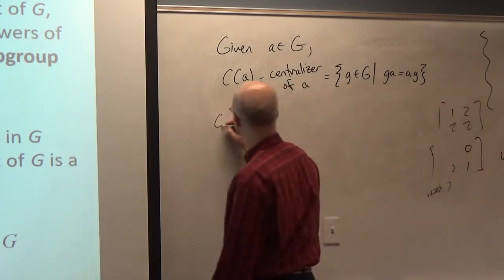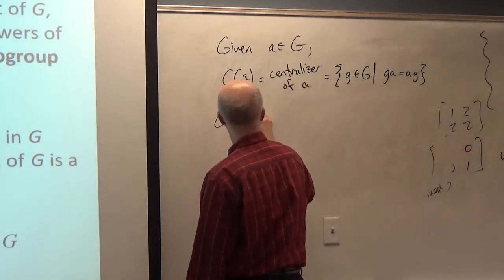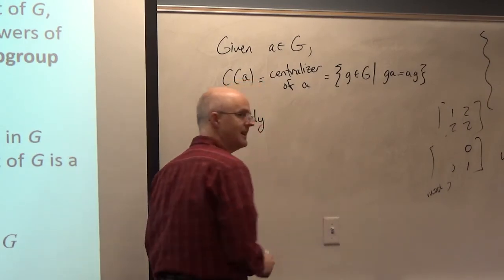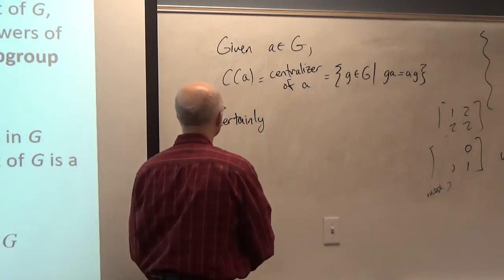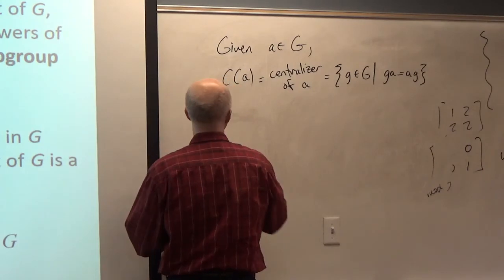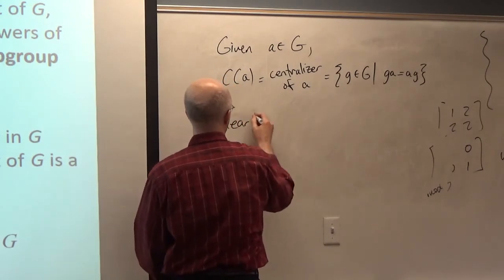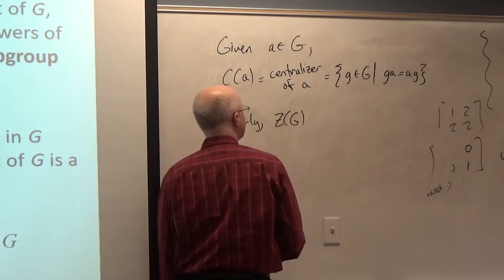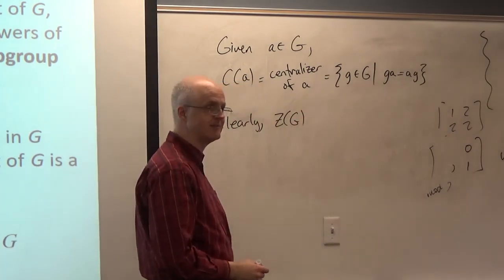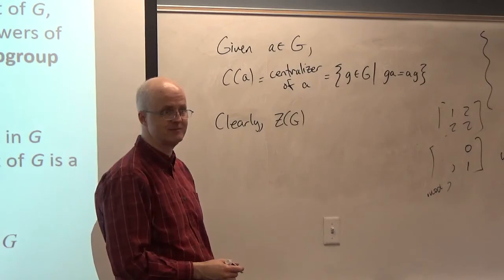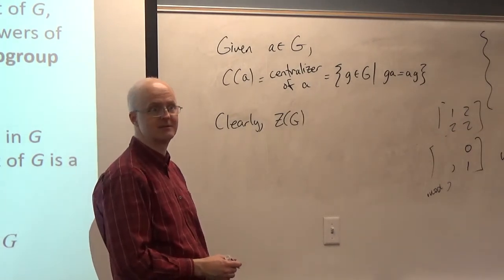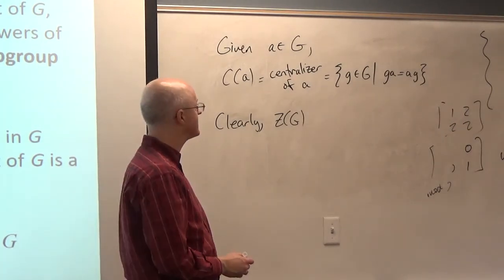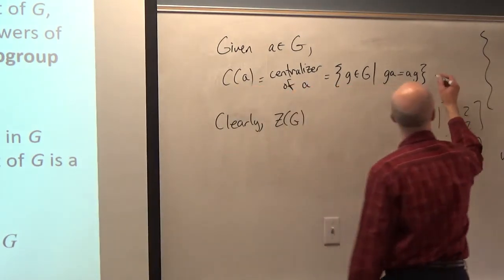Certainly, or maybe I should say clearly, the center of a group is a subset of the centralizer of any element. And in fact, the centralizer is going to be a subgroup of the group.